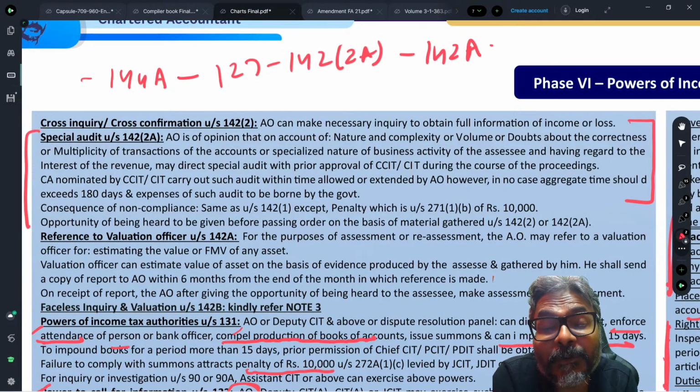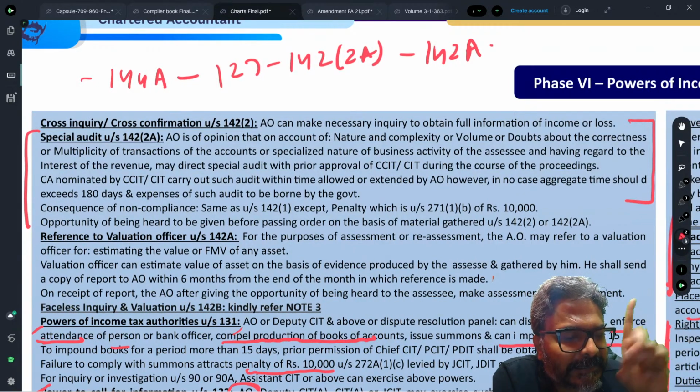Now, what does the AO want to do? He does not understand anything, the ABCD of stockbroker audit or stockbroker's books. So he cannot understand anything, so he wants a special audit done. Everything is fine. He is making an application to the CIT that kindly approve the special audit.